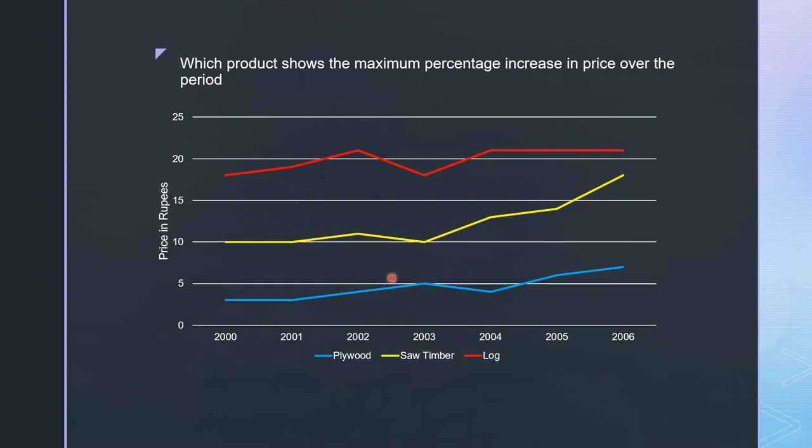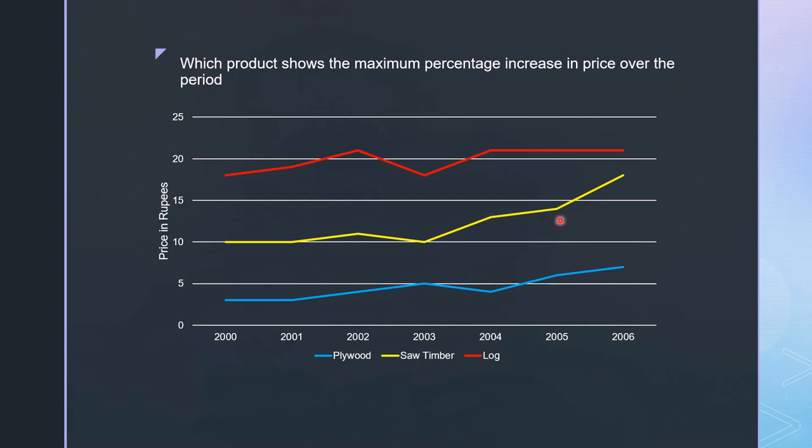Next we determine the saw timber graph: in 2000 the price in rupees is 10, 2001 it is also 10, 2002 we consider this point, that is 11. In 2003 again its value is 10. In 2004 this point is 13.